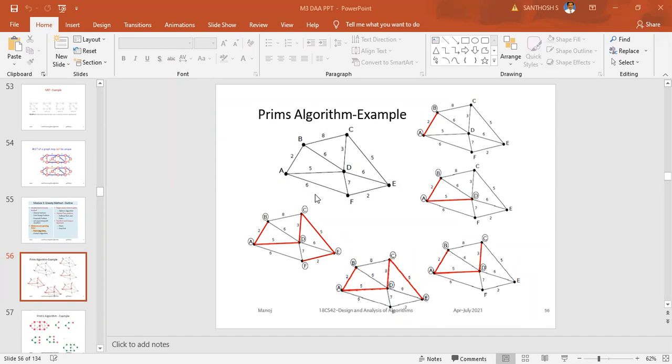Which edge are you going to take? A to B is 2, A to D is 5, A to F is 6. Which is the node you take? Which is the minimum weighted edge? In that, which is the minimum edge?